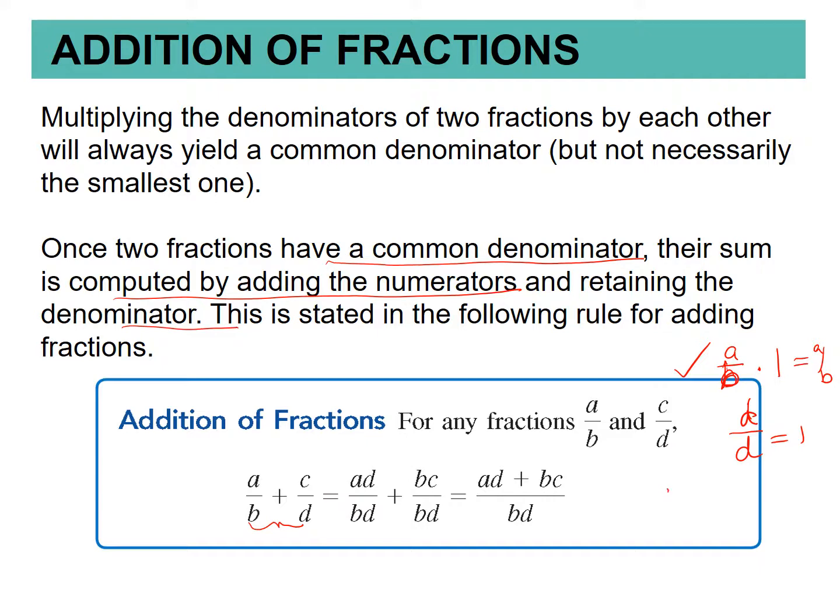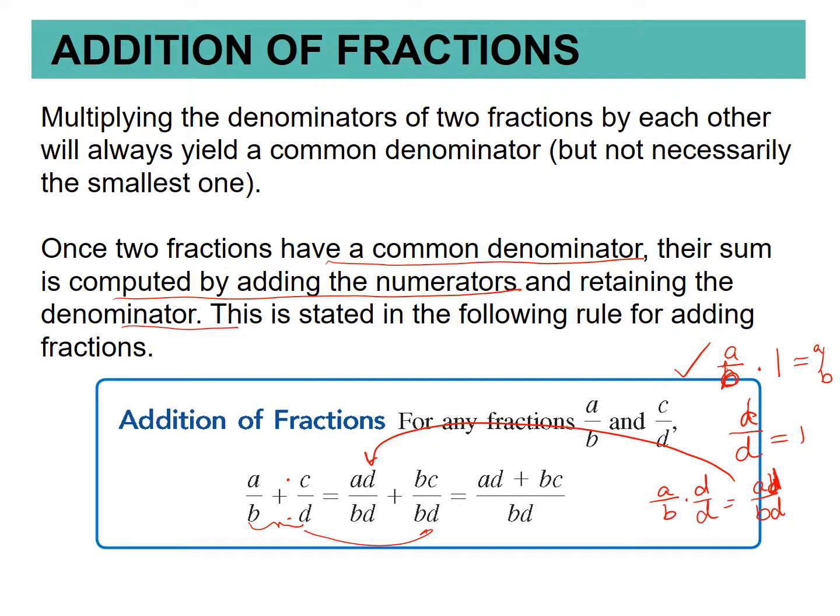So if I take A over B times D over D, I get AD over BD. And that's where I get this first number. And here when I take C over D and multiply the top and the bottom by B, I get that. And then I just add the numerators and keep the same denominator.